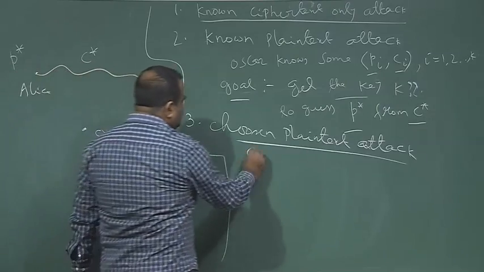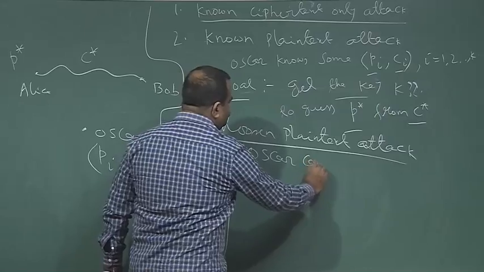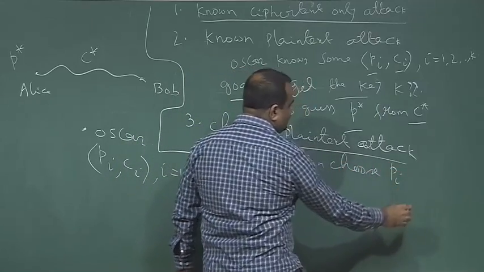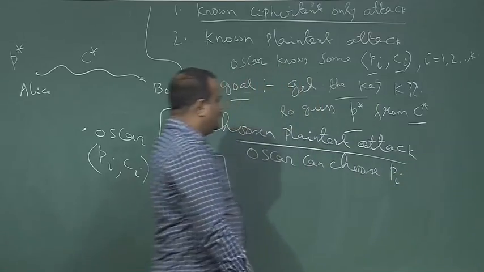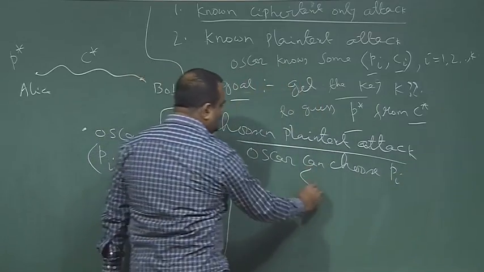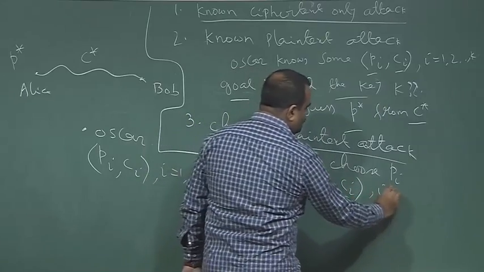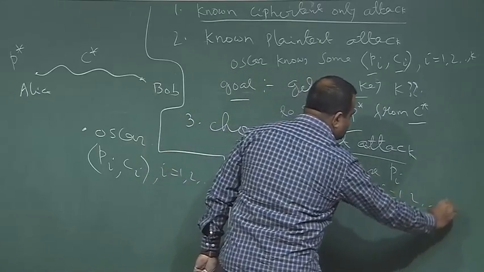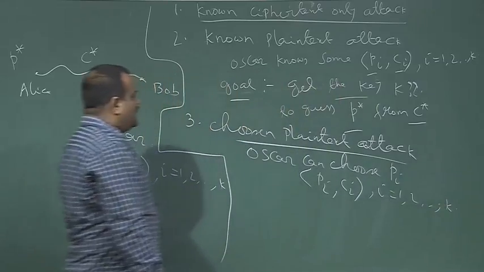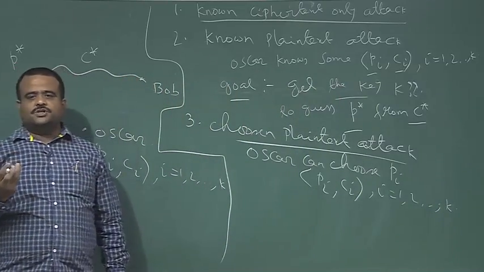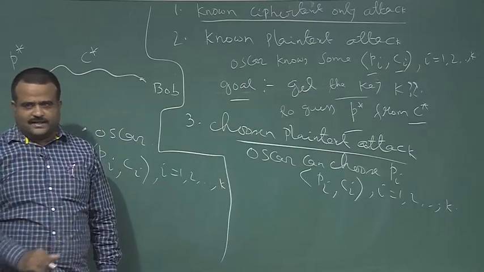So Oscar can choose Pi and get Ci, which means Oscar has as many Pi, Ci pairs as he wants. We are giving Oscar temporary access to the encryption machinery.